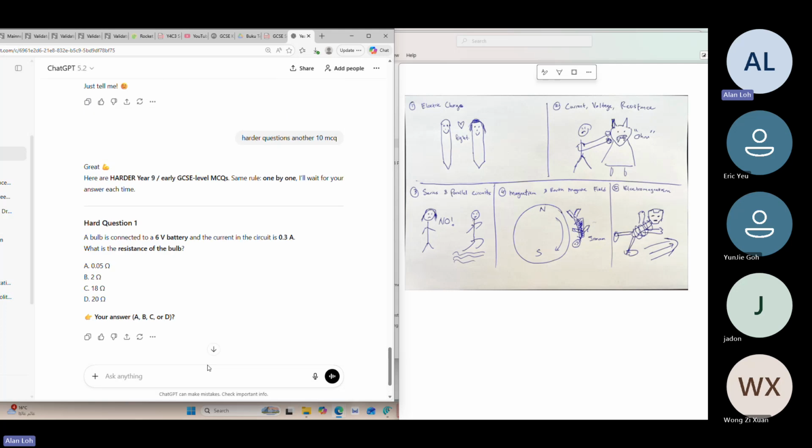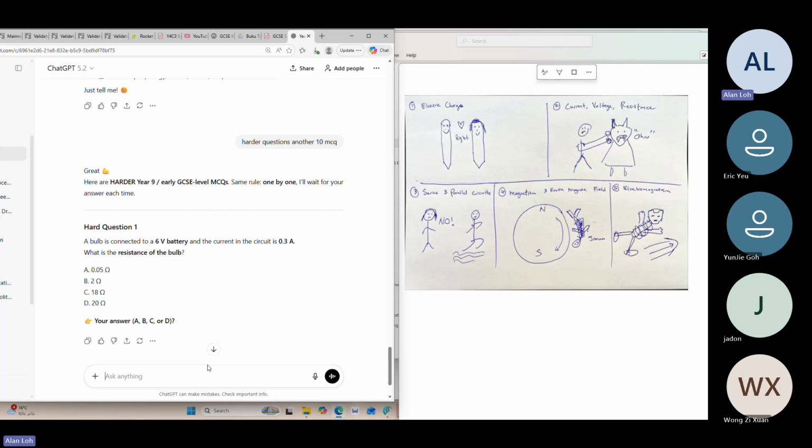Okay, let's do the same drill. You read the question, you tell me which drawer, and you tell me the answer. Let's start with Eric. For question 1, you tell me which drawer first. This would be the second drawer, the relationship, right?